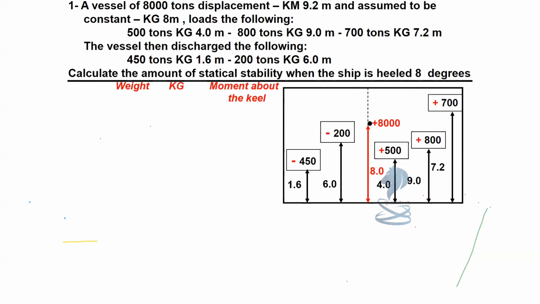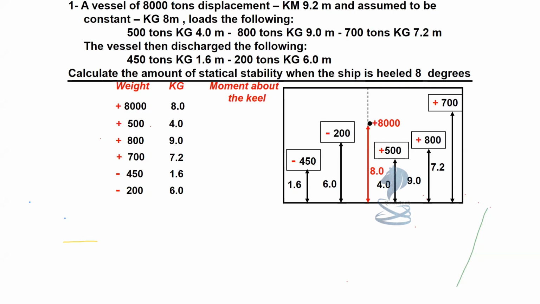Now let's see the table with weights, their KGs, and the moment about the keel for all the weights available. That is 8,000 initial displacement with 500 tons added, then 800 tons added, 700 tons added, 450 discharged, 200 tons discharged with their KGs.